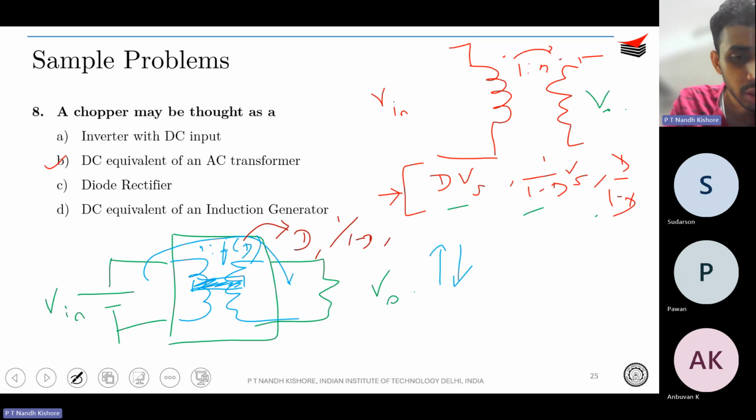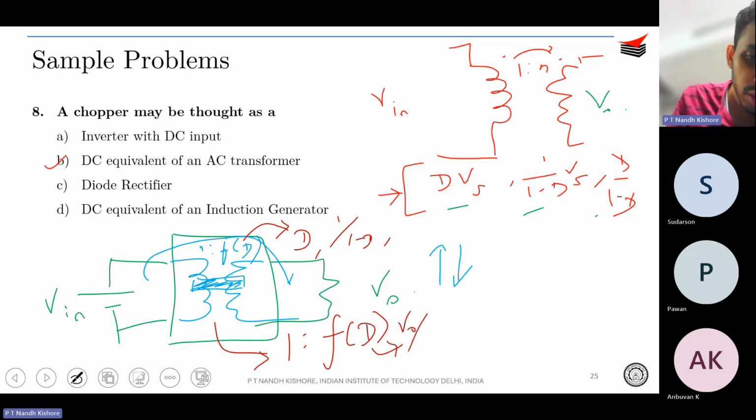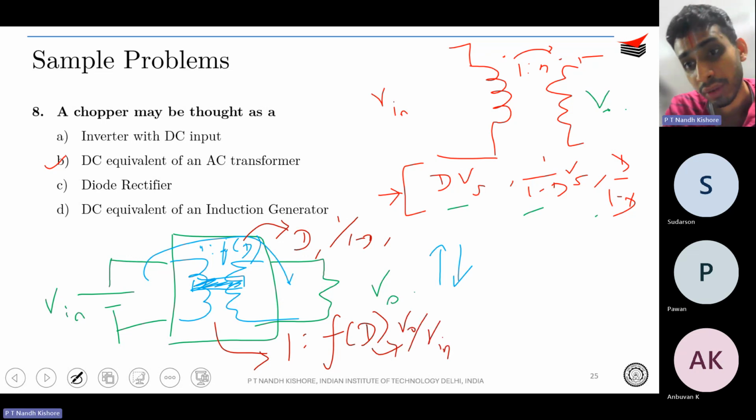So you have an equivalent transformer model and the turns ratio is actually 1 is to F of D. F of D is V naught by V in. It can be D, it can be 1 by 1 minus D, it can be D by 1 minus D, minus D by 1 minus D, N into D by 1 minus D, whatever it may be. But it's just a transformer.